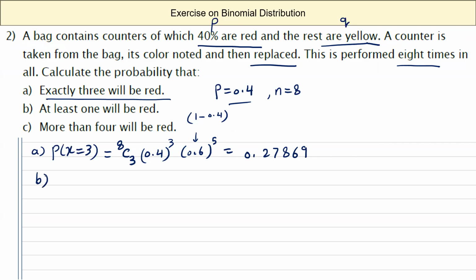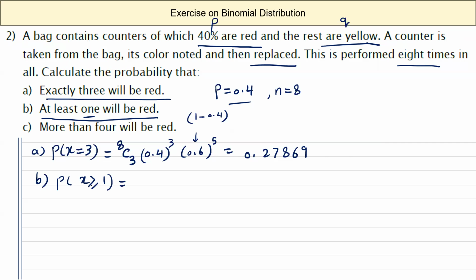B. At least 1 will be red. The words at least here mean 1 is the least number, so X is bigger than or equal to 1.